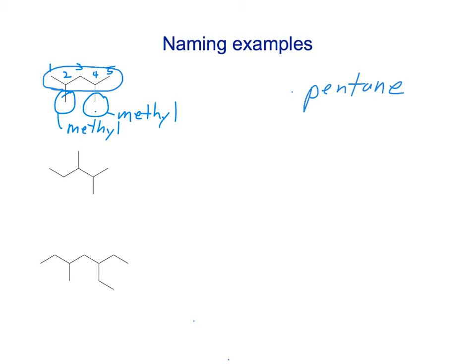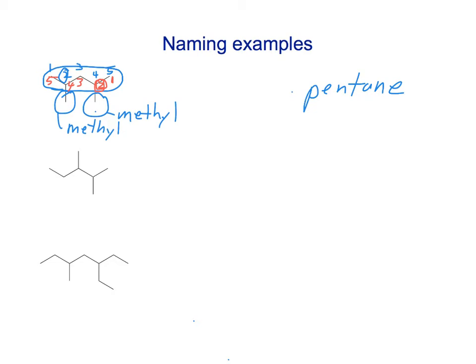If we counted from right to left, we would have 1, 2, 3, 4, 5. And so in either of these, the first group is going to be at position 2, right? So this molecule is symmetrical, so it doesn't matter which of those ways we number it. It comes up with the same thing. So we have a methyl group at 2 and a methyl group at 4.